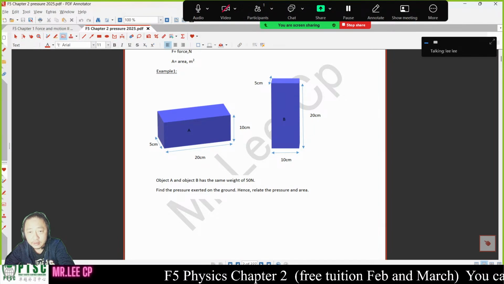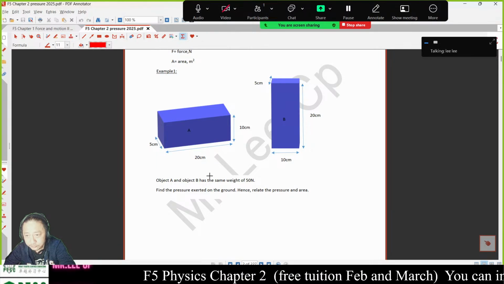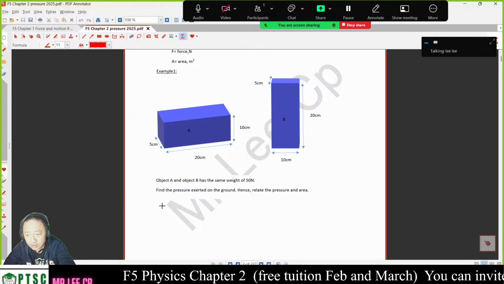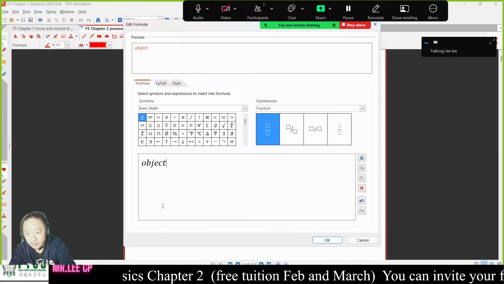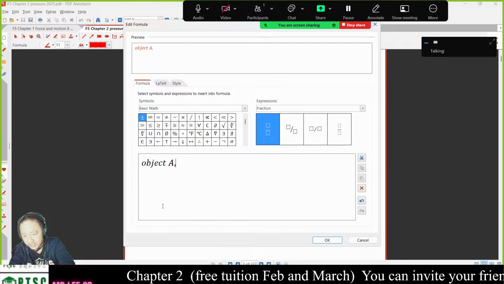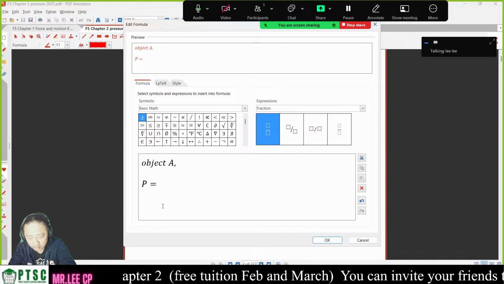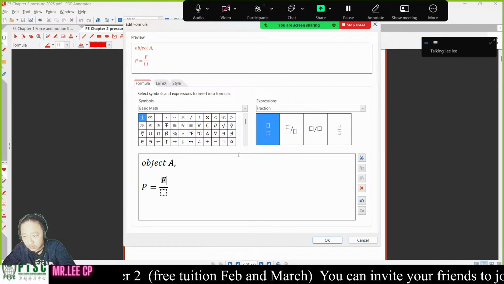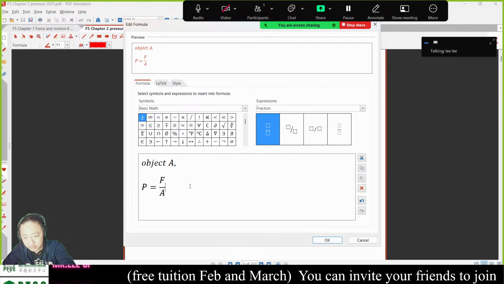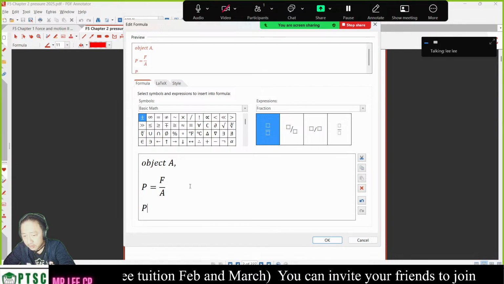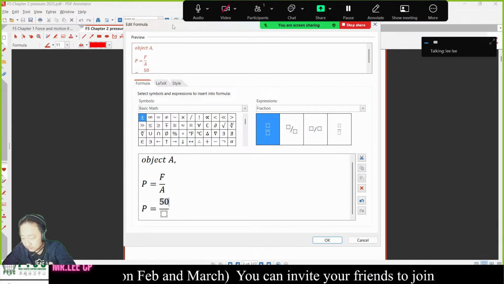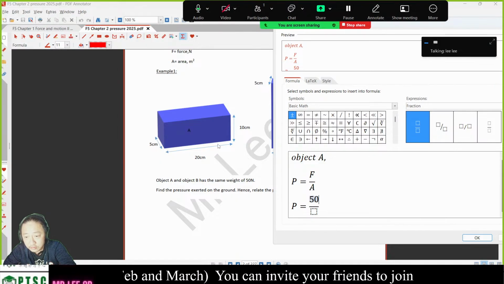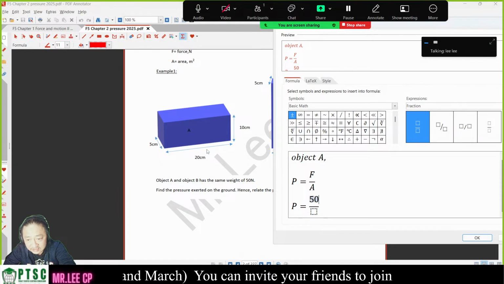Now for this one, for object A, pressure equals force over area. Force is 50 Newton. Area, you look at the area. Area is 5 cm times 20 cm.